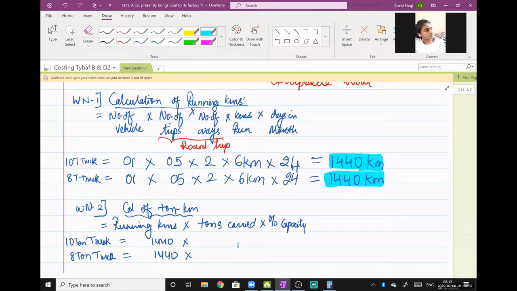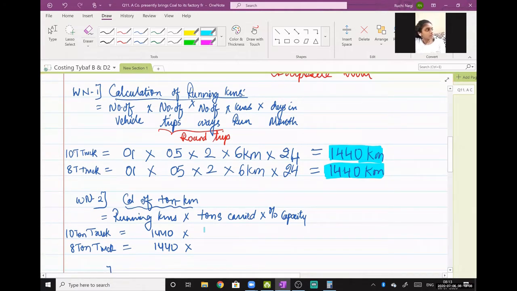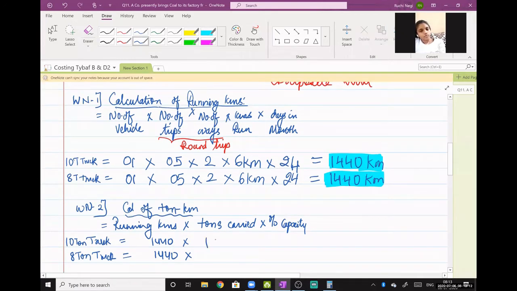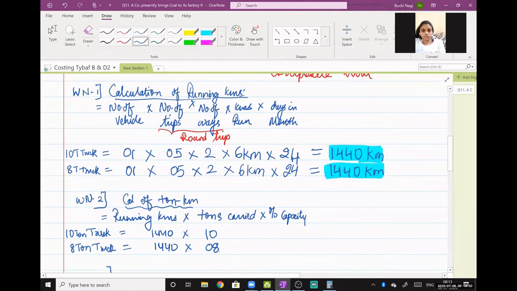Tons carried: it's a 10-ton truck, meaning the carrying capacity is 10 tons, so here I'm going to write 10, and here it will be 8 for the second one. One truck has a carrying capacity of 10 tons and the other is 8 tons.